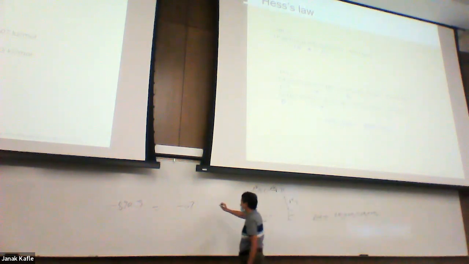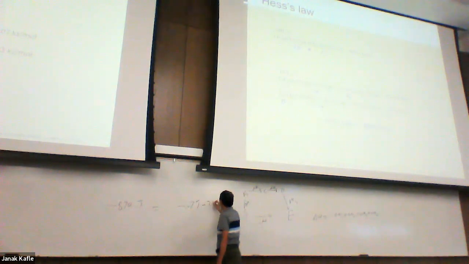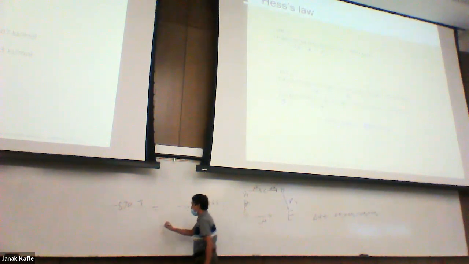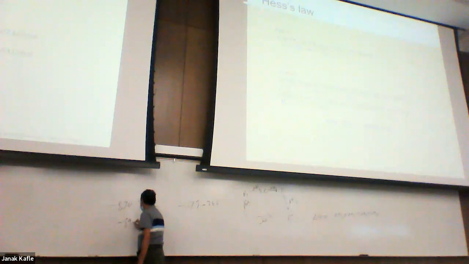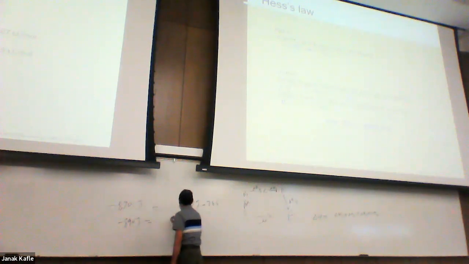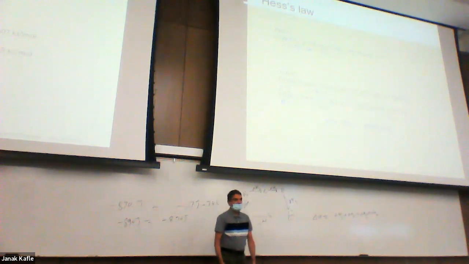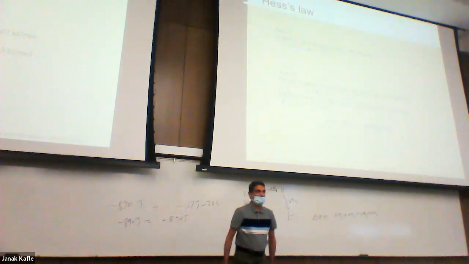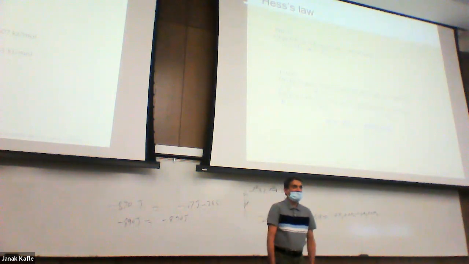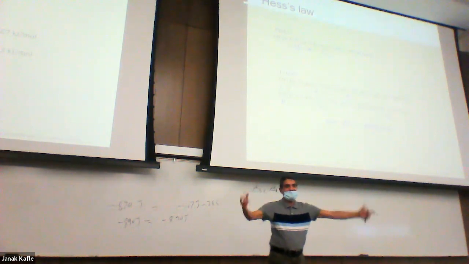So add this and this, and that's minus 890, and this also minus 890. Make sense? So no matter how many steps you do the reaction going from A to B, the net heat change is the same.